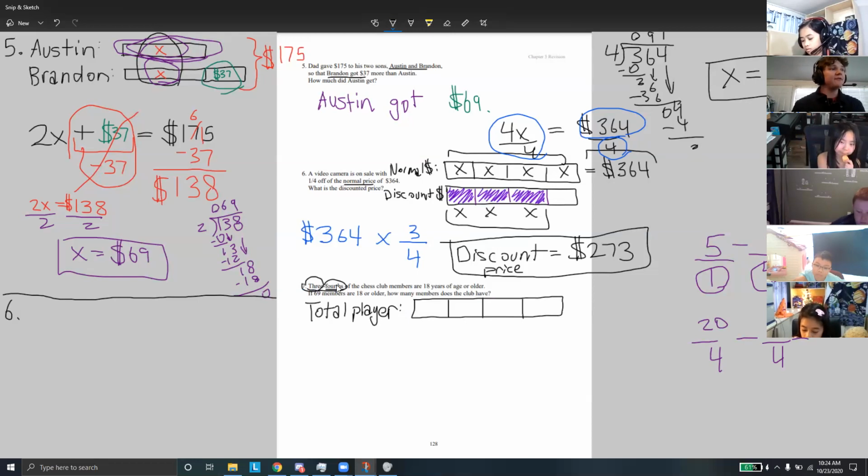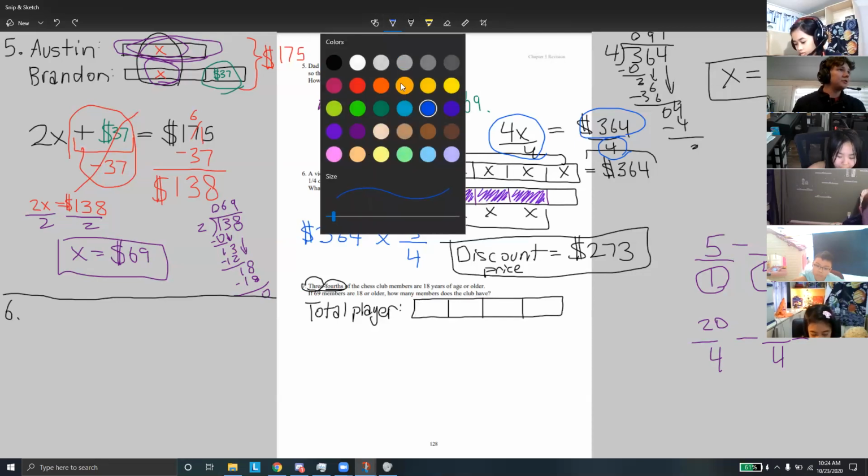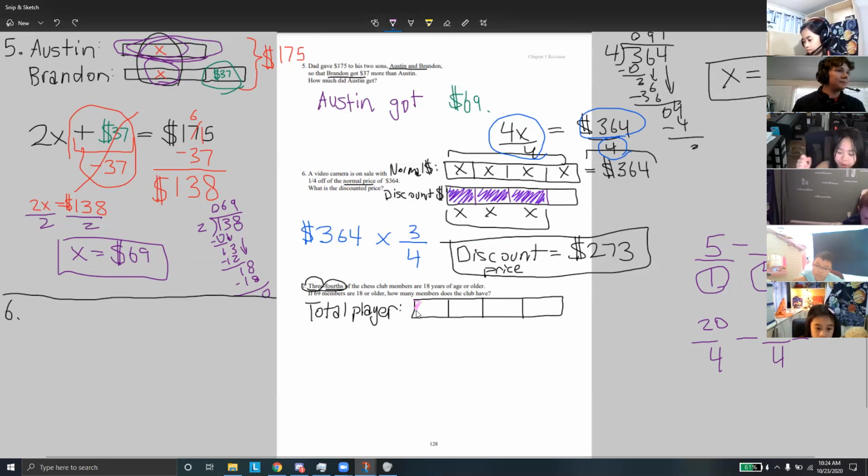And then 3 groups out of the 4 are 18 or older. So let me use pink. So 1 group of 4, 2 groups of 4, 3 groups of 4. This is how many are 18 or older.